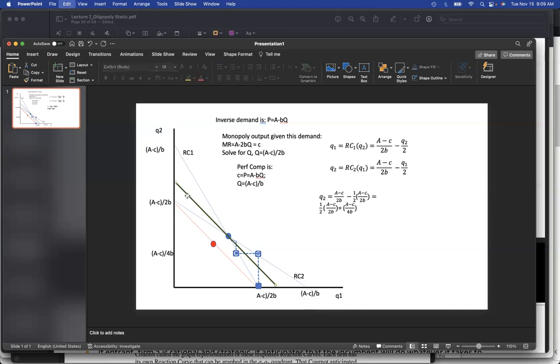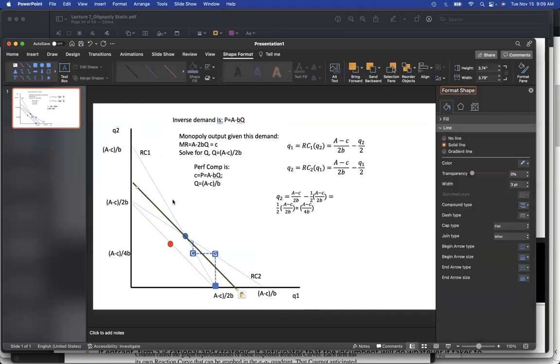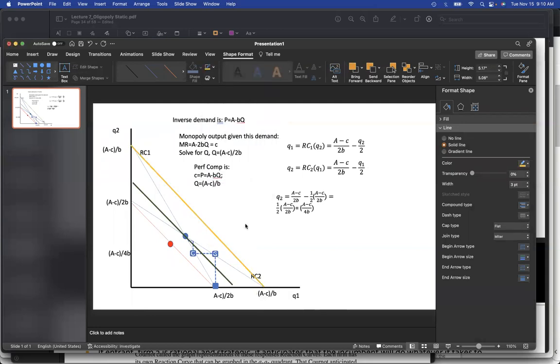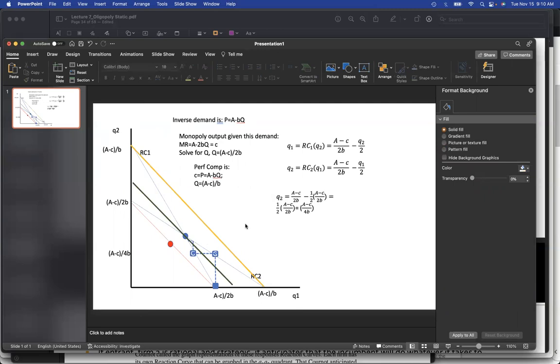So gagawa tayo ng line, and we will write this as yellow. So this yellow line is basically a combination of A minus C over B, wherein divided yung A minus C over B between Q1 and Q2. But along this line, pareho yung output.